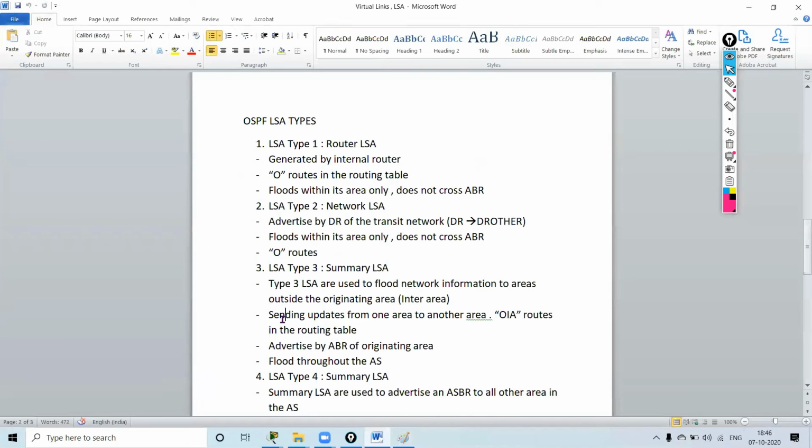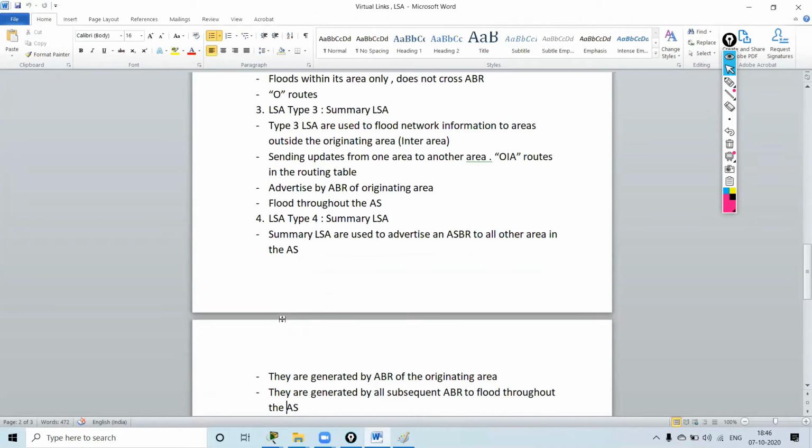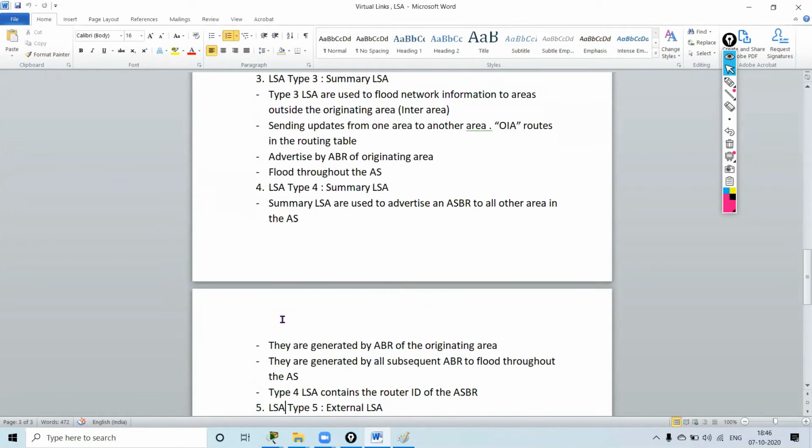Now we have LSA type 4, also known as summary LSA. LSA type 4 is used to advertise an ASBR to all the other areas.